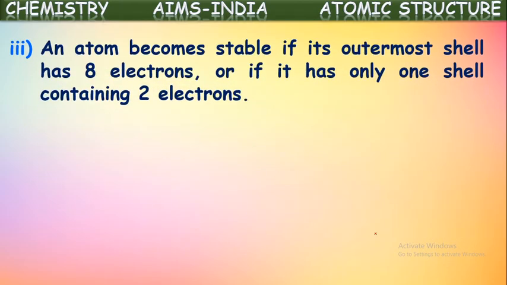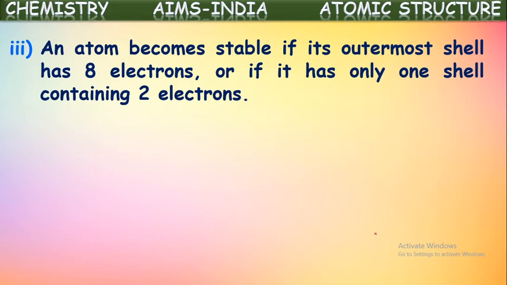Next point, an atom becomes stable if its outermost shell has 8 electrons. Okay, if any element has 8 electrons in its outermost shell, it is observed that those atoms are stable. They are highly unreactive.